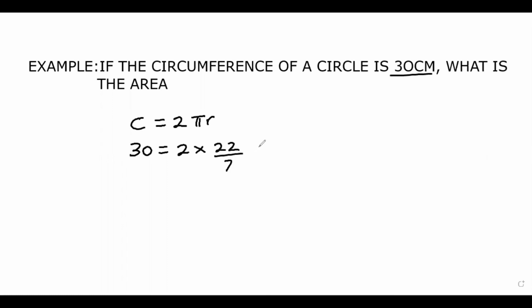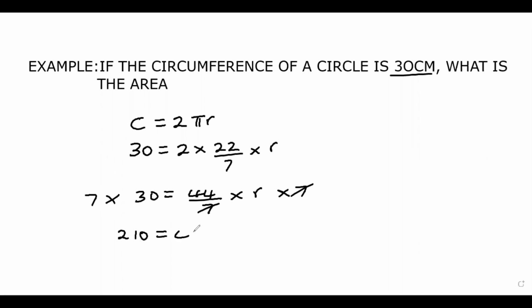You don't know what r is, so that means you're solving for r. So that's 30 is equal to 44 over 7 times r. So we can multiply both sides by 7 to get rid of the 7 here. So 7 times 30, that's 210, is equal to 44 r. You can divide both sides by 44.